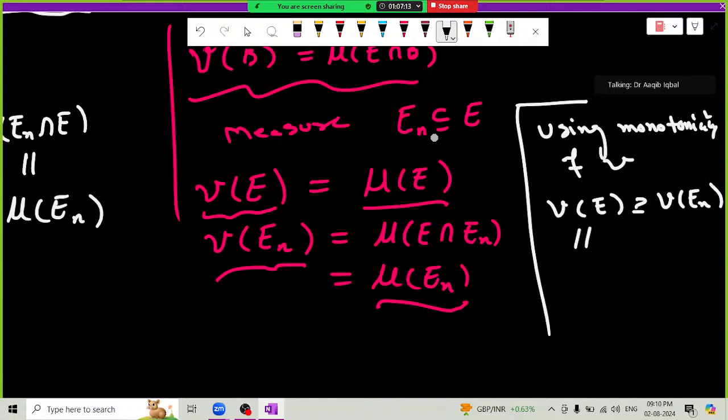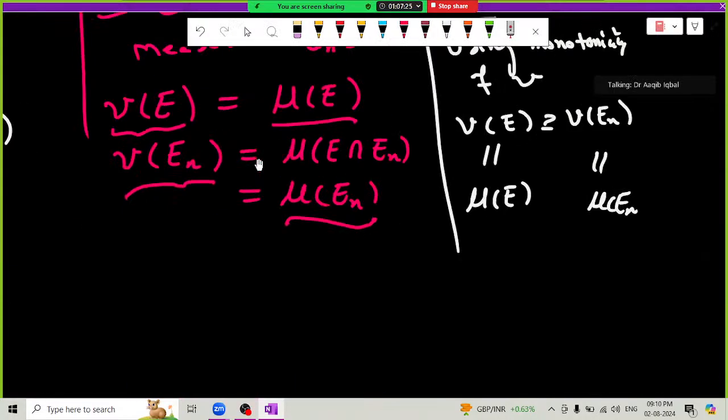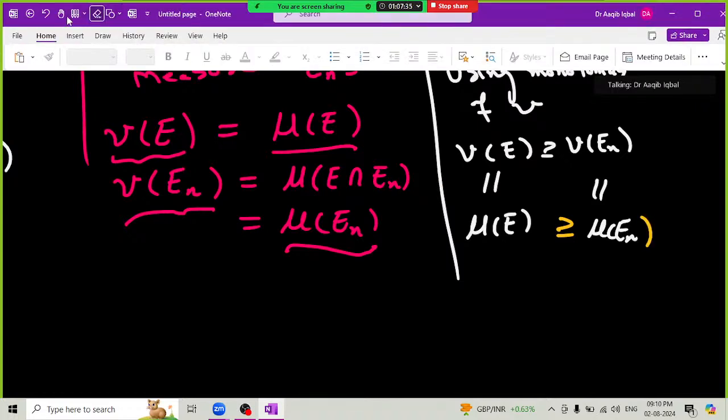What is nu of E? Nu of E is mu of E. And what is nu of En? Nu of En is mu of En. So basically, अब मैं आपको यहाँ दिखा रहा हूँ actually that mu of E is greater or equal to mu of En, जो मैं यहाँ इस्तेमाल कर रहा हूँ.